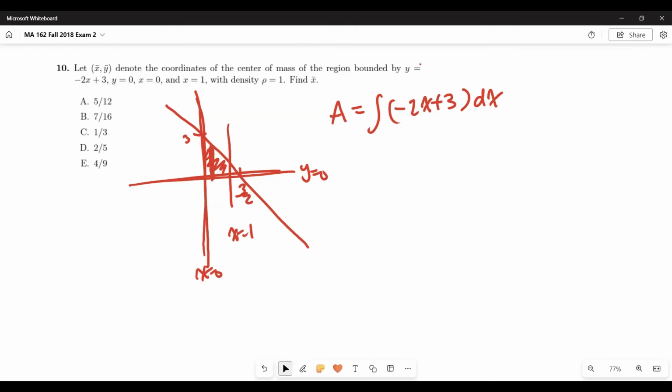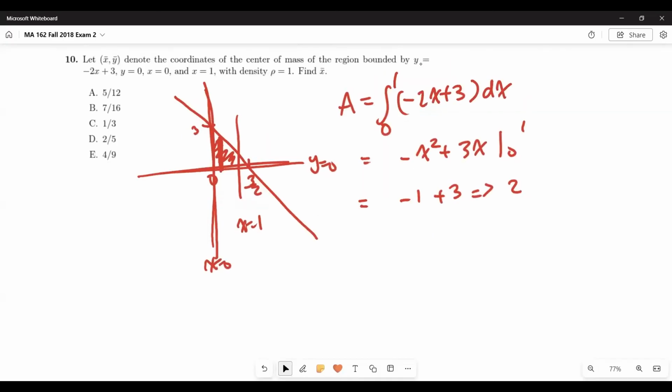There is a g of x, but g of x is just 0, so it's not important to subtract. So A is equal to the integral of negative 2x plus 3 dx, integrating from 0 to 1, right? So this is just negative x squared plus 3x, from 0 to 1, negative 1 plus 3, which is 2.